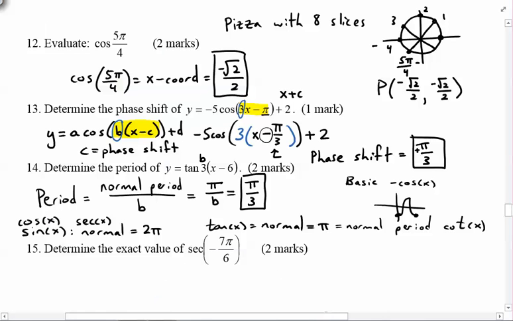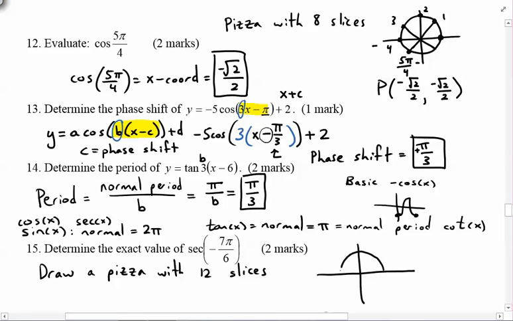Now, finding the exact value of secant is another unit circle question. So we look at the bottom of the fraction, and we see that it's 6. So I'm going to draw a pizza that has double as many slices, so 12 slices. And this time, because it's -7, I'm going to go 7 points around, but clockwise instead of counterclockwise. So there's my pizza.